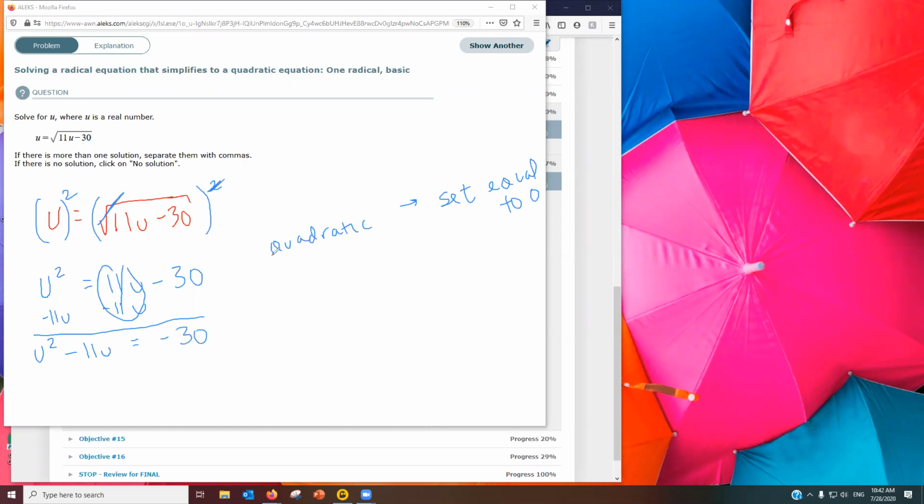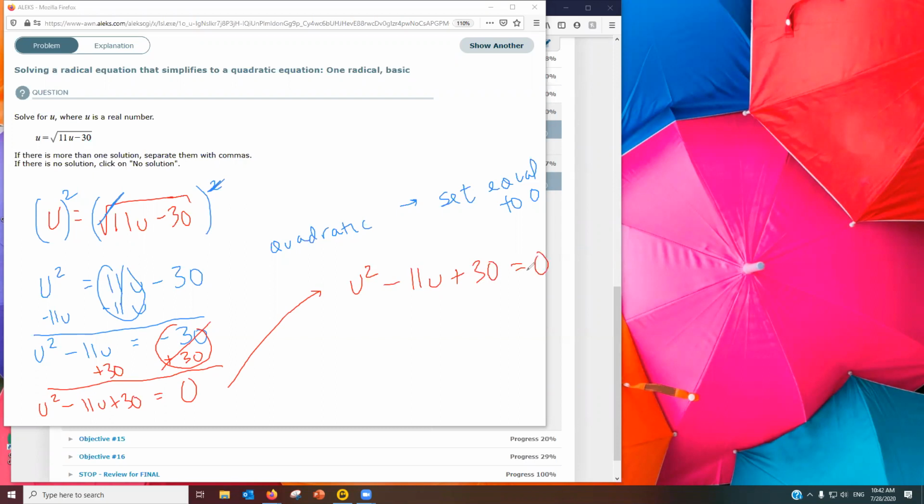One more step, I want to get a 0 on this side, so I'm going to add 30 to both sides of this equation. Again, my goal here was to get the equation set equal to 0. Subtracting 30, adding 30 cancel out, so it does get me a 0. So now I have this quadratic equation. I'm going to write it up here: u squared minus 11u plus 30 equals 0.